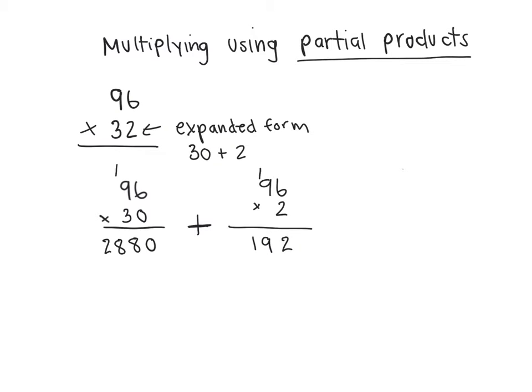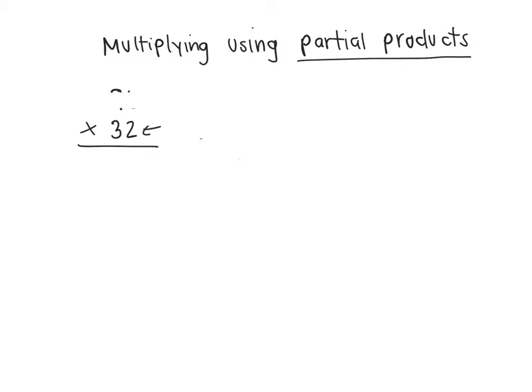Again, we'll try another one. So again, the first thing I'm going to do is take my bottom number and put it into expanded form. So our expanded form is coming in really handy here. So my problem is 541 times 92.